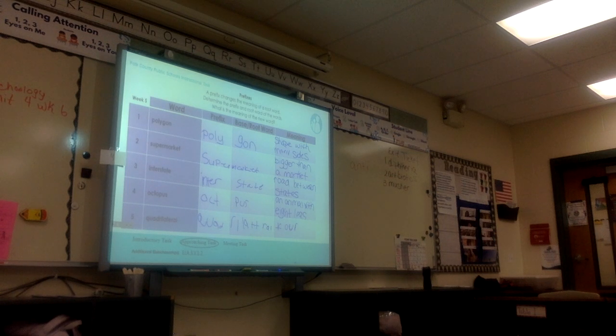Lacey, tell me what does this mean when you heard it? What does the benchmark mean? Identify the central idea and explain how relevant details support the idea of a text. So it supports the idea of the text because it tells about the story and the separate things. Very good. I love it.